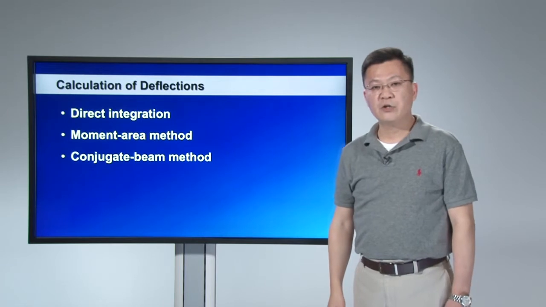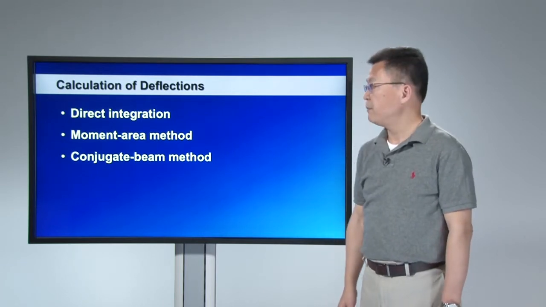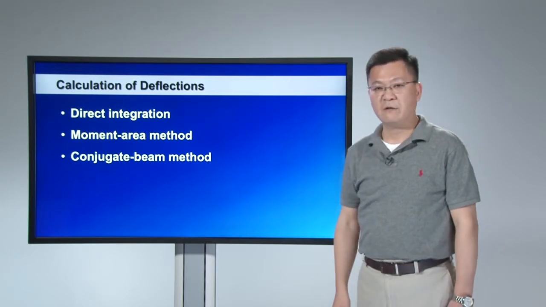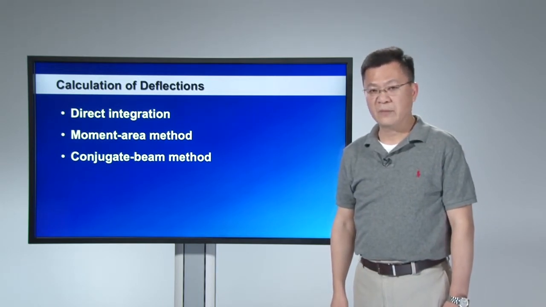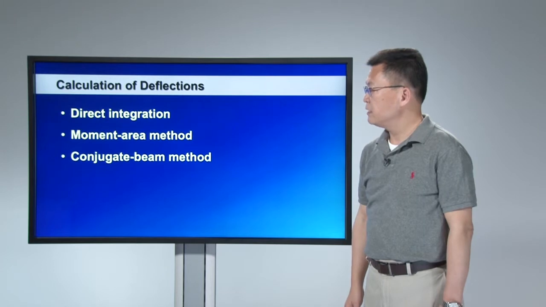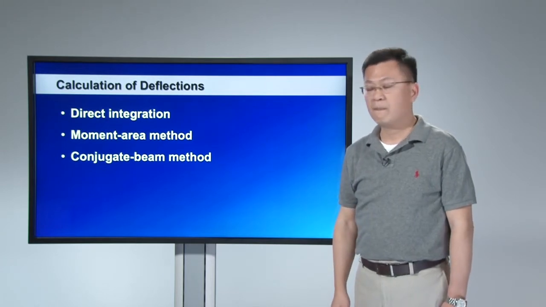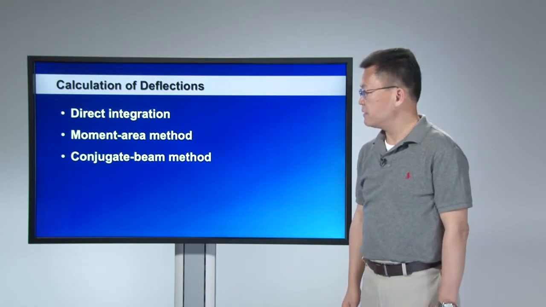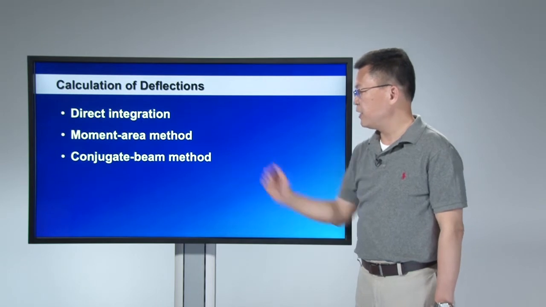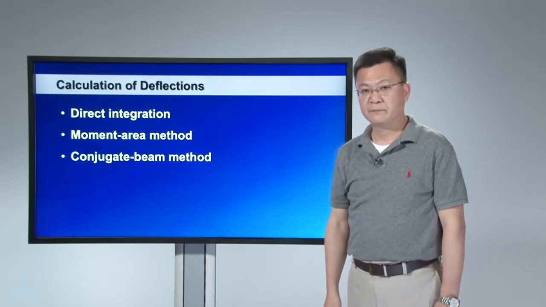Next, I want to show you three traditional methods to help you obtain the deflections of determinate structures. These three methods are direct integration, the moment area method, and the conjugate beam method.